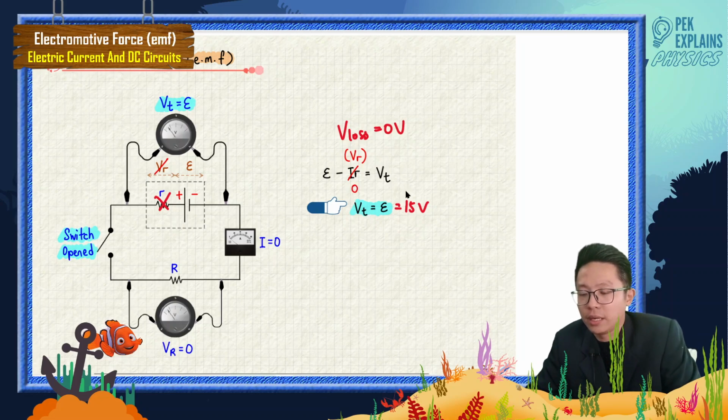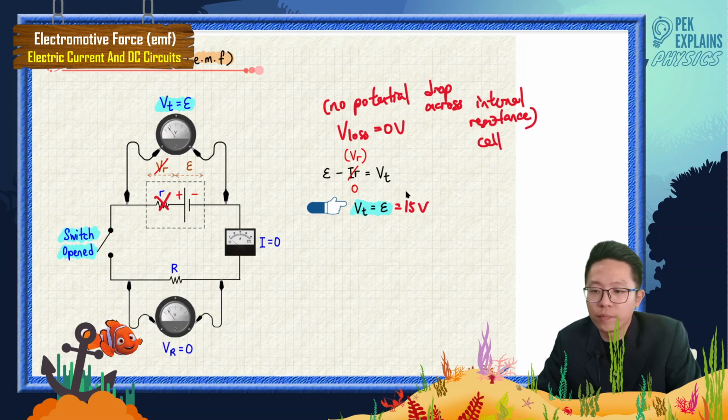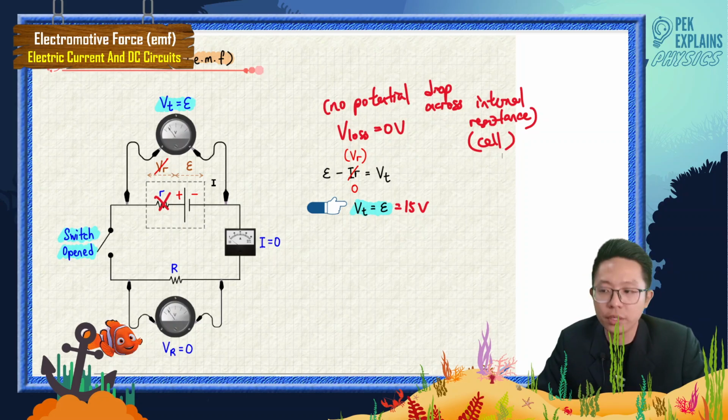Or we can say when no current flows, there's no potential drop across the internal resistor of the battery, inside the cell. So the voltmeter connected across the battery will read the EMF.